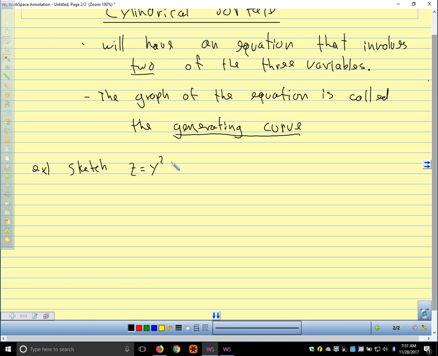So we have a nonlinear equation with only two of the variables. So our generating curve is what kind of shape? This is a parabola.